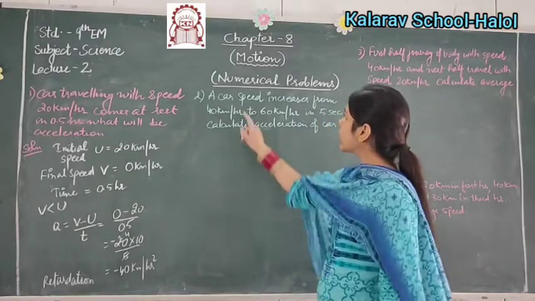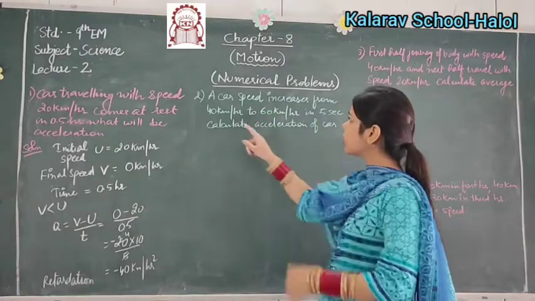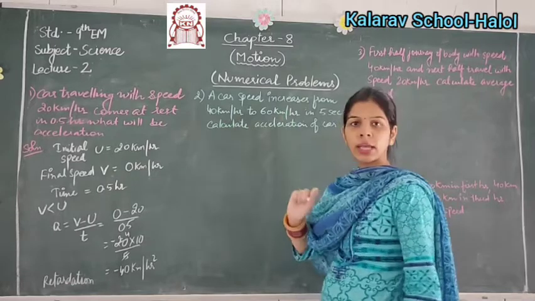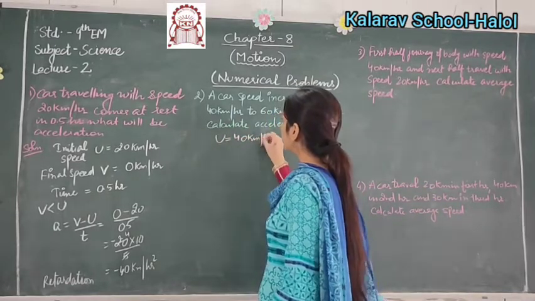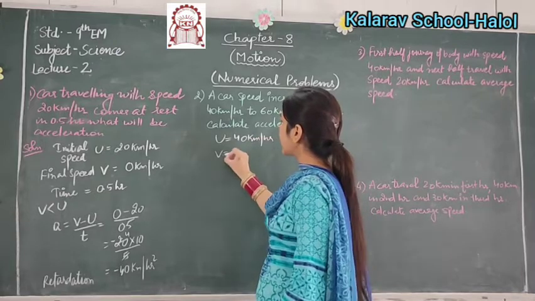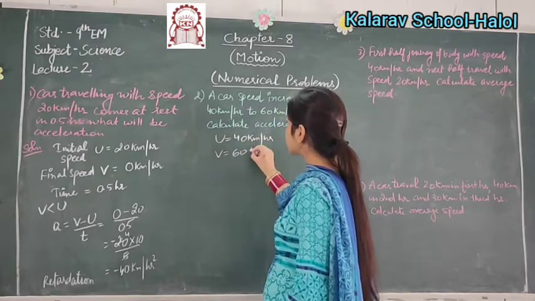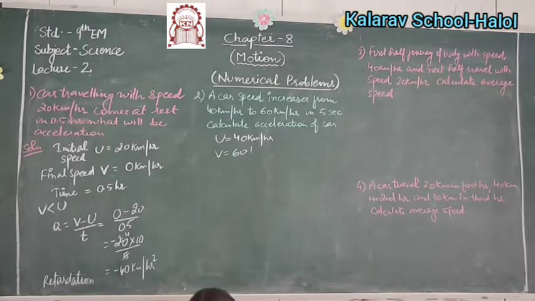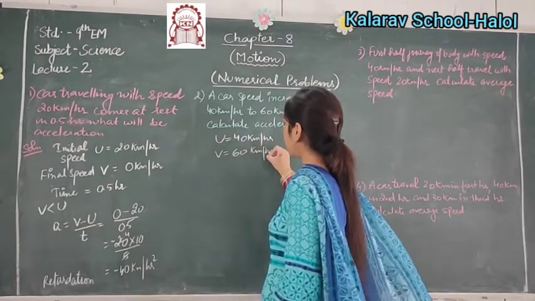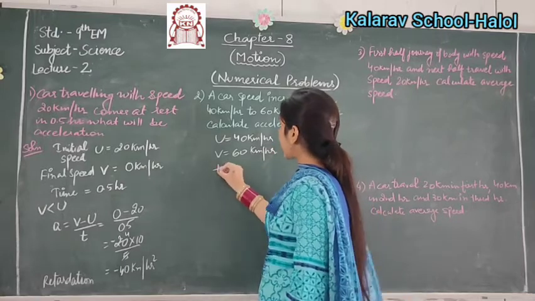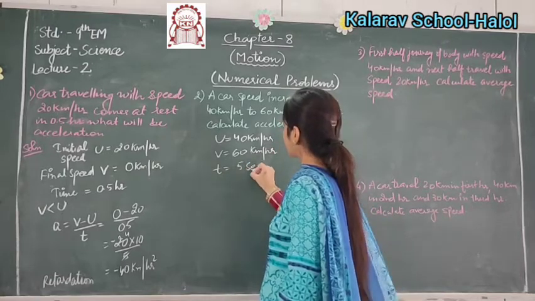Next: a car's speed increases from 40 to 60, which means the initial velocity is 40 km per hour and the final velocity is 60 km per hour, and the time is 5 seconds.